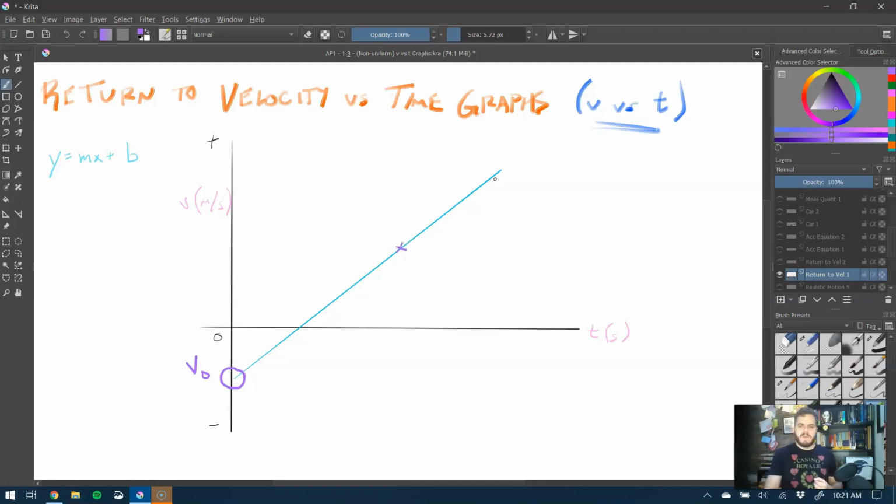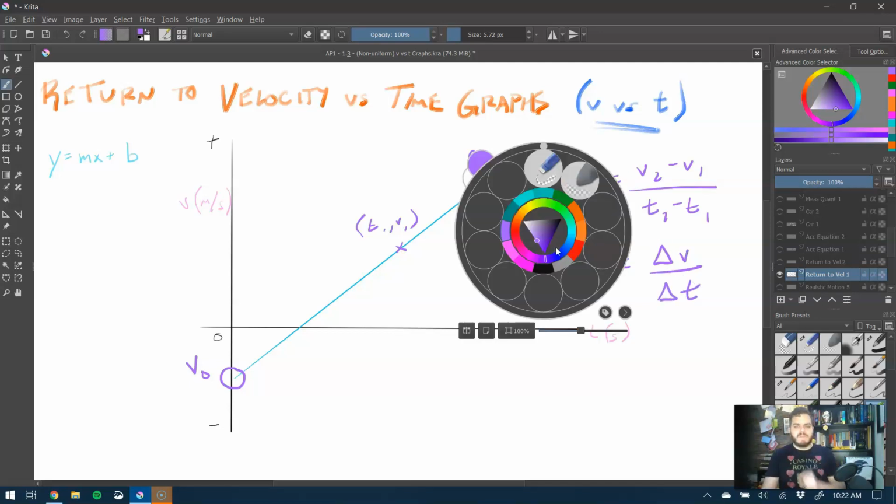So let me pick this point here and this point here. So this would be t1, v1, and this would be t2, v2. And if I wanted to find the slope, I would do rise over run, and that would give me v2 minus v1 over t2 minus t1. Or if I want to rewrite this, I can say this is delta v over delta t.